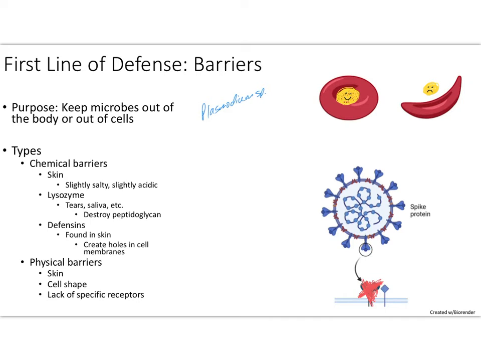So our skin obviously is the biggest physical barrier we have, but the shape of our cells inside our body and the specific receptors that we have or don't have on our individual cells can also be barriers to infection.